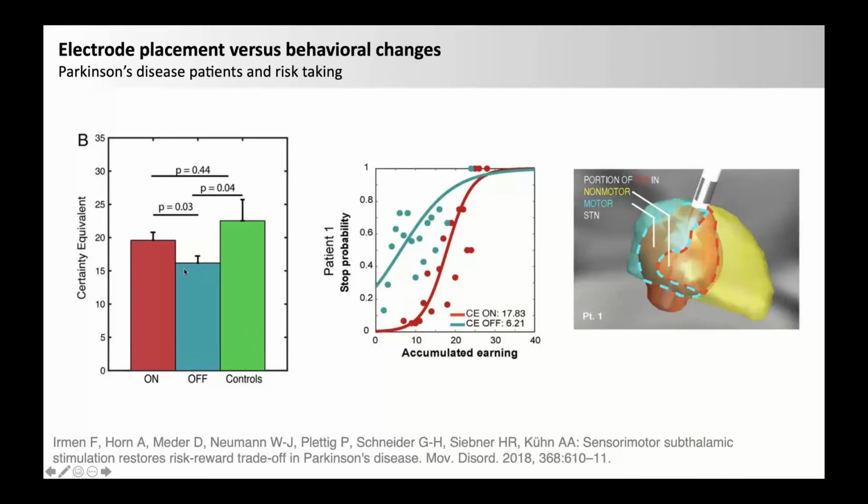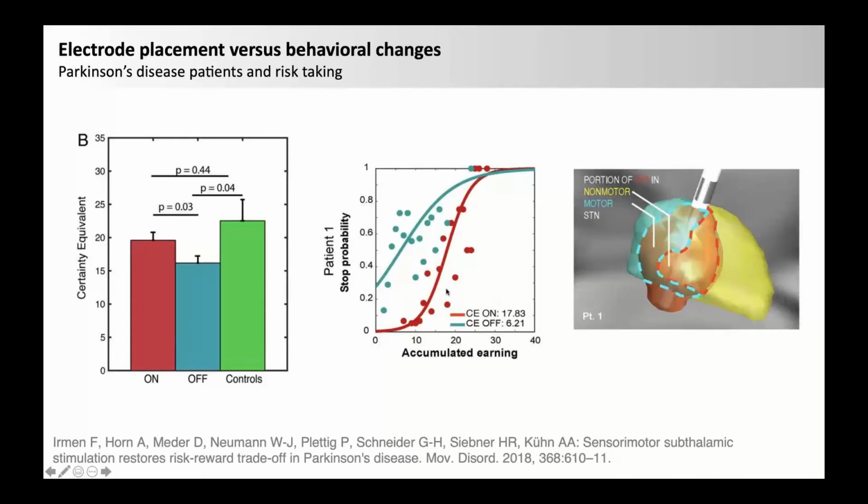So they showed that Parkinson patients were actually more risk-averse, so they didn't want to take so much risk as the healthy controls. But once their electrode was switched on, this measure of being willing to take a risk was normalizing. So by turning on the electrode, their behavior in the same game changed.